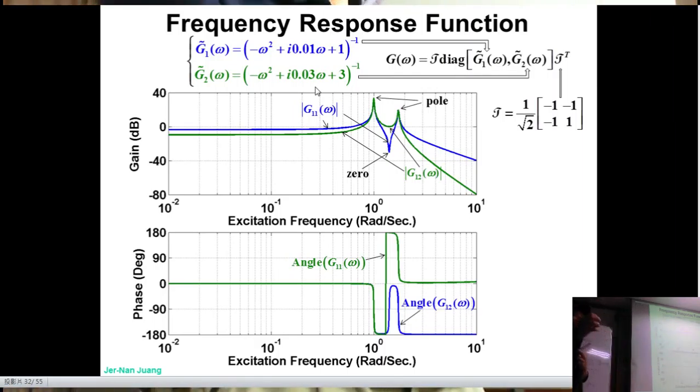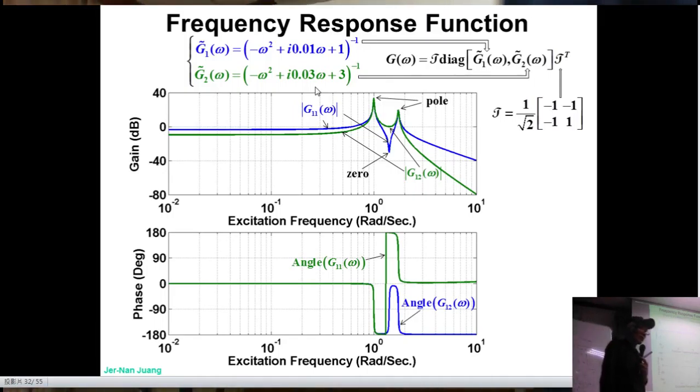That means if you want to look at a physical coordinate, that's the plot you want to look at. If you want to look at the modal coordinates, the last one is the one you look at. So it depends on what kind of plots you want to see.